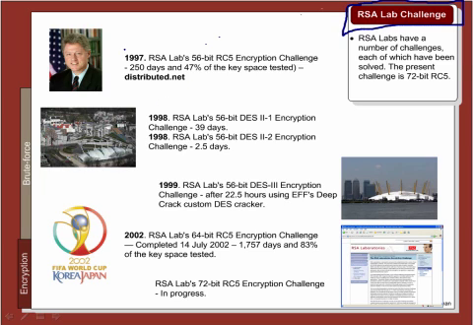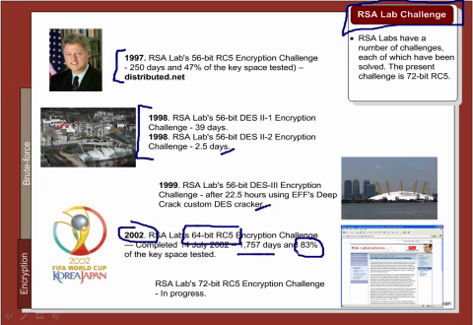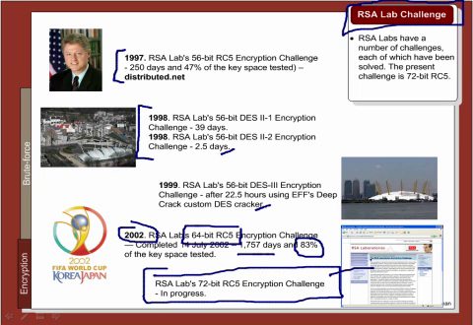So we've seen there that in 1997, 1998, DES was cracked within 2.5 days, and then triple DES was cracked in 22.5 hours, and the 64-bit RC5 in 2002 was cracked within almost 1800 days, of which 83% of the key space was tested. Currently, a 72-bit challenge has been posted, and many people are working on this.